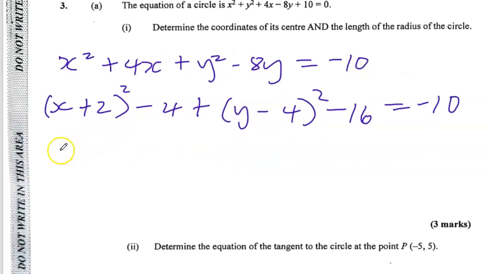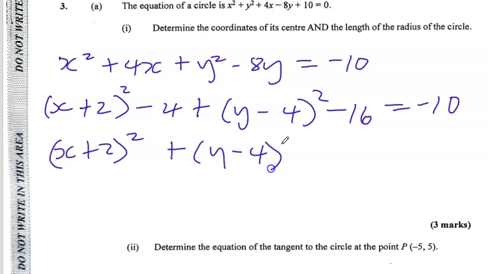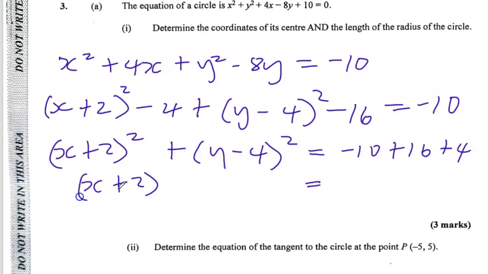So we can group all the constants on one side. So we end up with (x plus 2) all squared plus (y minus 4) all squared equal to minus 10 plus 16 plus 4. So 16 and 4, that's 20, 20 take away 10, that's 10.